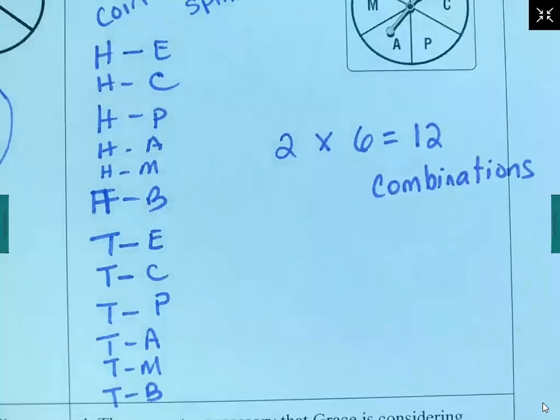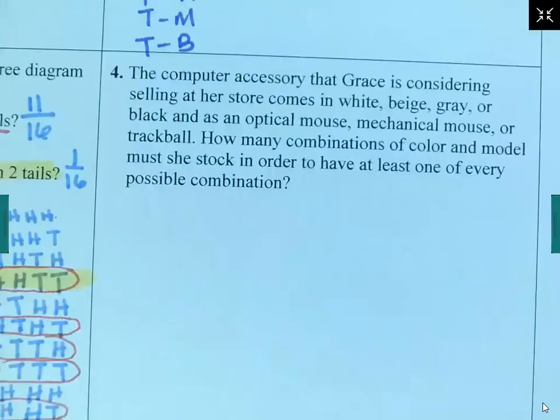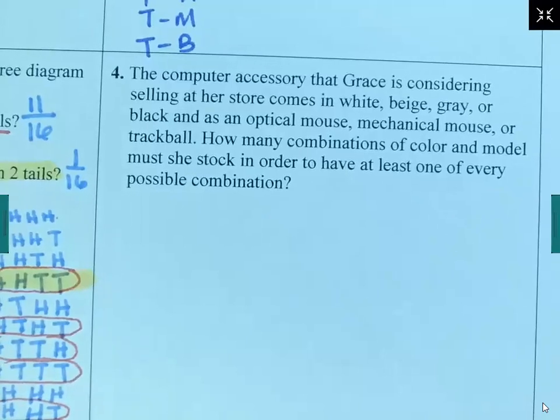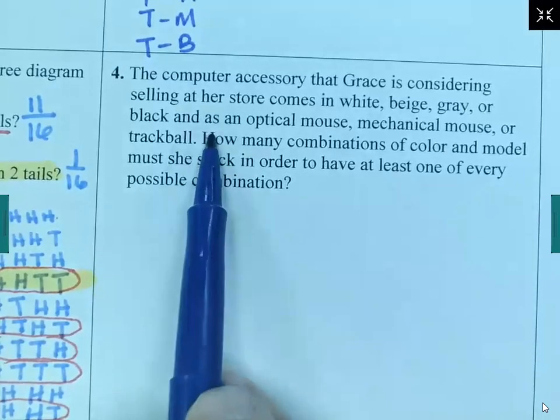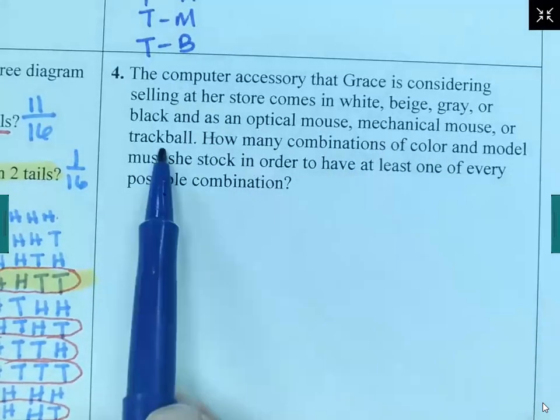Noah, read 4. The computer accessory that Chris is considering selling at her store comes in white, beige, gray, or black, and has an optical mouse, mechanical mouse, or trackball.